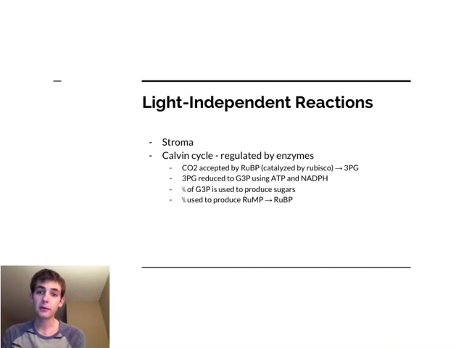That G3P that was produced is then going to be used to produce all of the sugars the plant needs, and that's going to be about 1/6 of all the G3P. The other 5/6 of the G3P is going to be used to create RuMP, which is going to then be phosphorylated to RuBP, which can then accept more carbon dioxide. So it's a way of reusing some of the materials that are being produced.